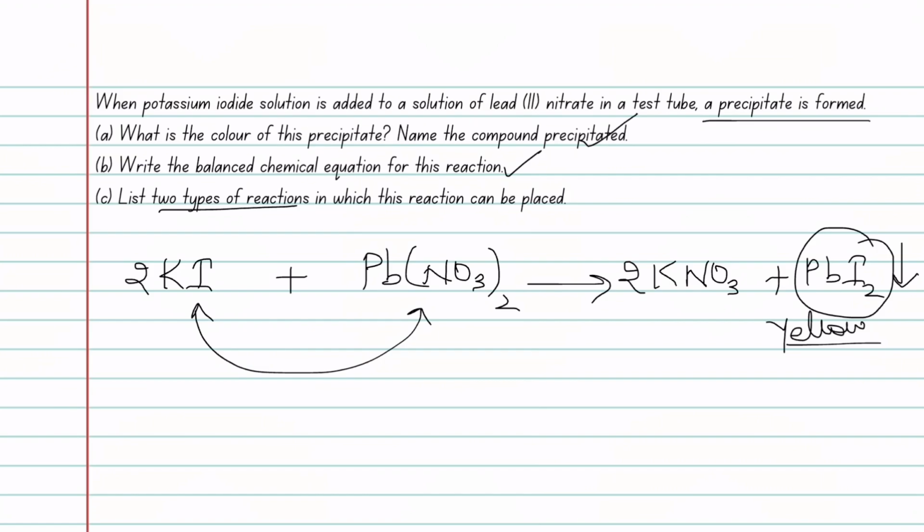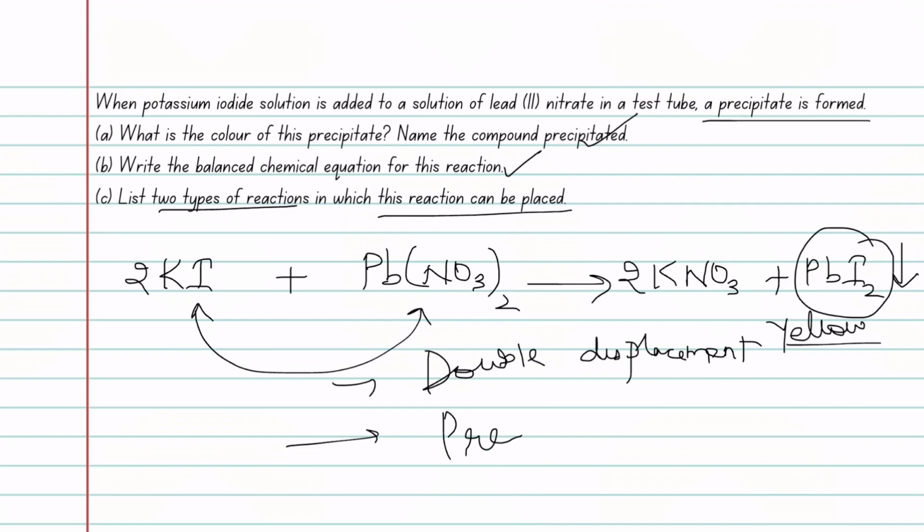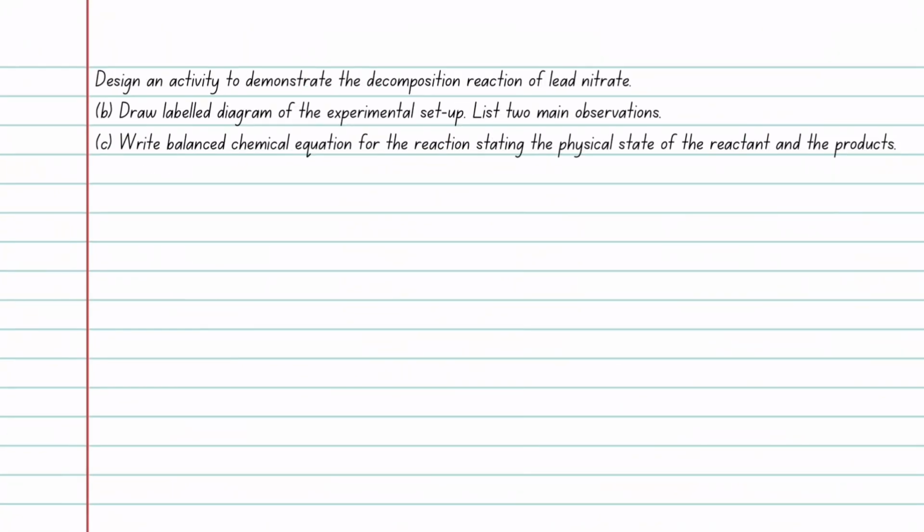The two types of reaction in which this reaction can be placed, first is obviously double displacement, and second is, since a precipitate is formed, you can also call it precipitation reaction, right? So there you go. Let's move on to the next question.